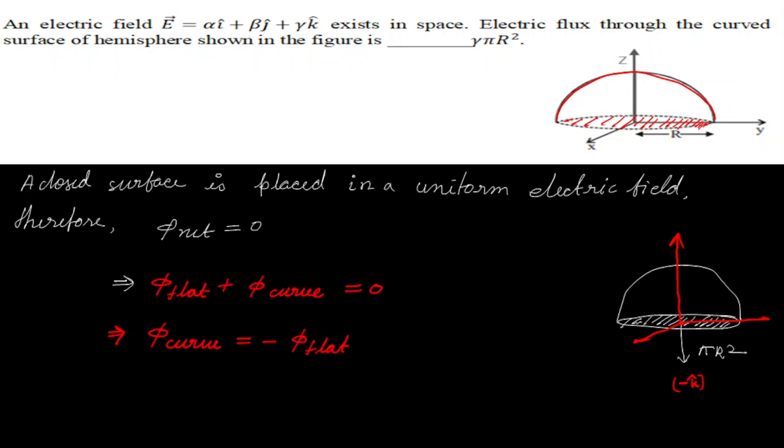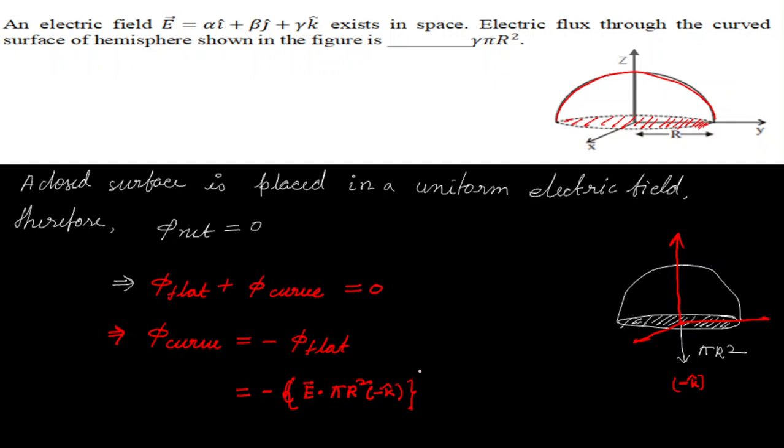So what will be the flux through this flat surface then? It will be simply the electric field dot product the area of the flat surface, which will be pi r square minus k cap.